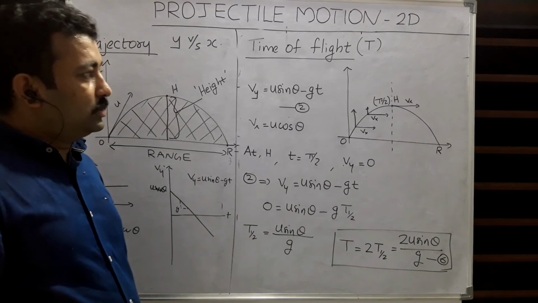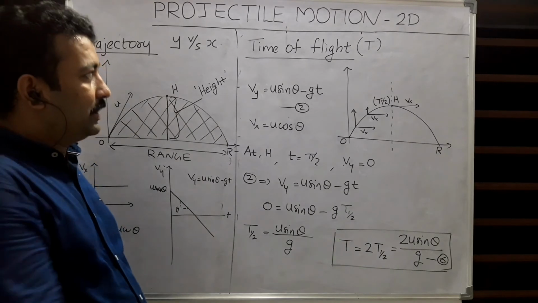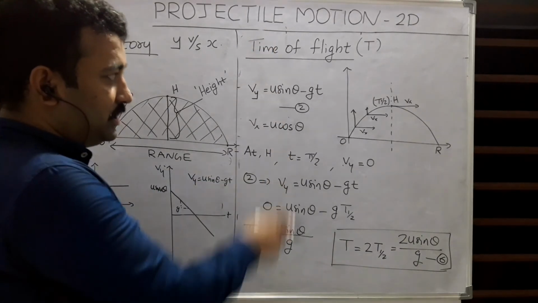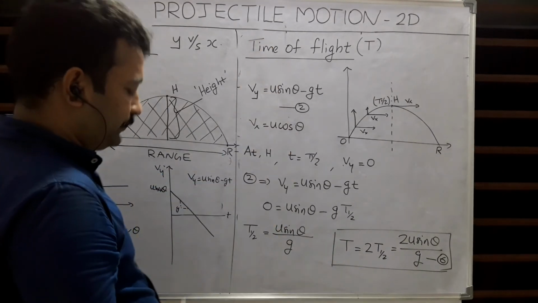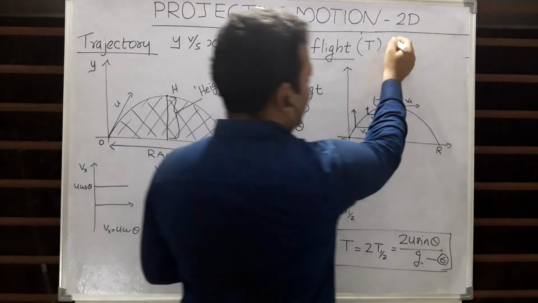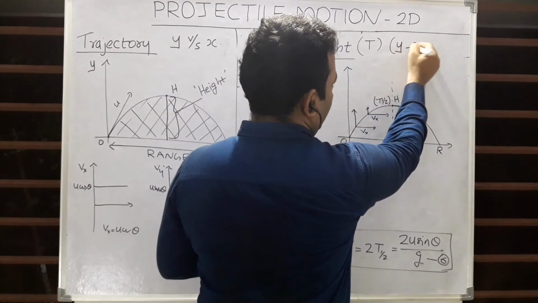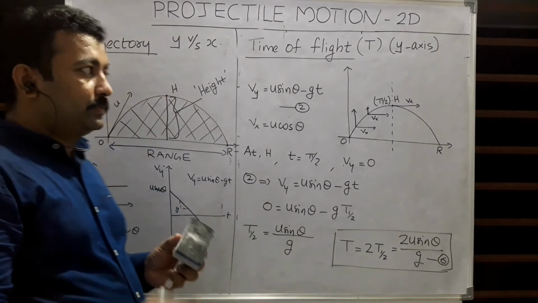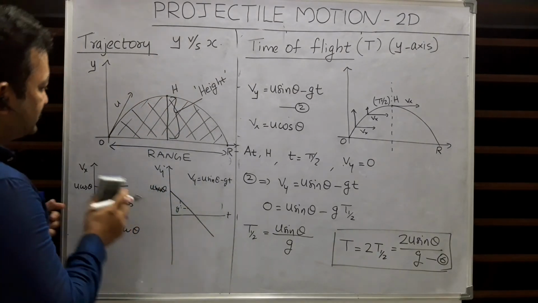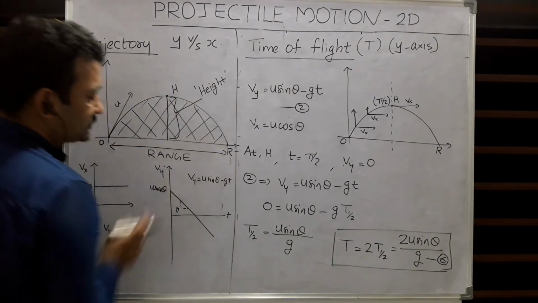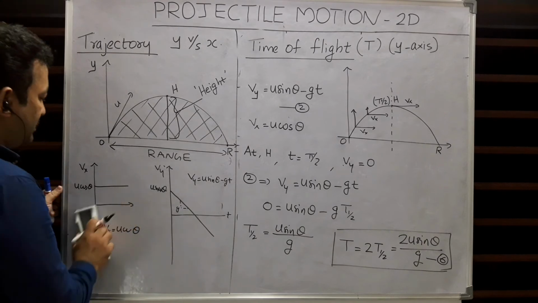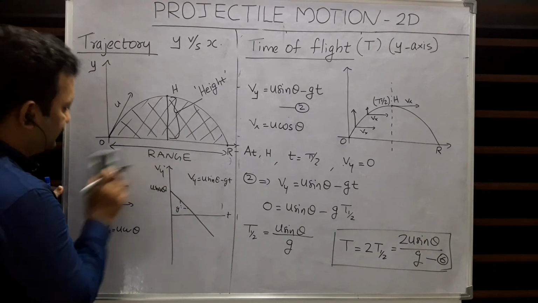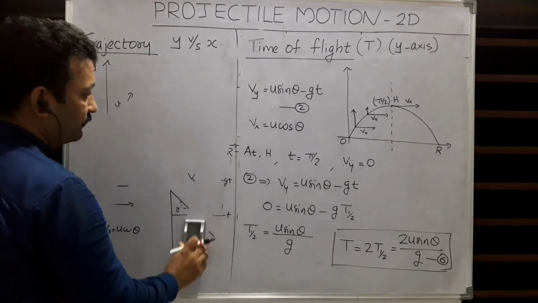So we have found how to get the time of flight by looking at the motion along the y-axis. So time of flight can be analyzed using the y-axis. Now the next point is how much distance is covered in the x direction, or we call it the range of the projectile.